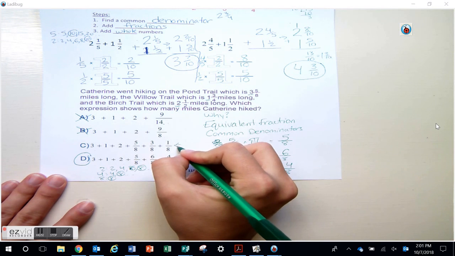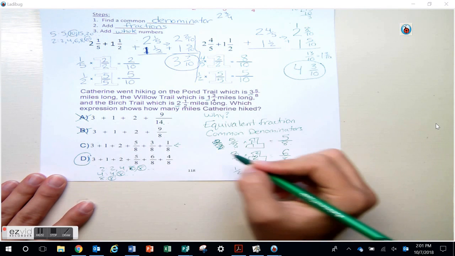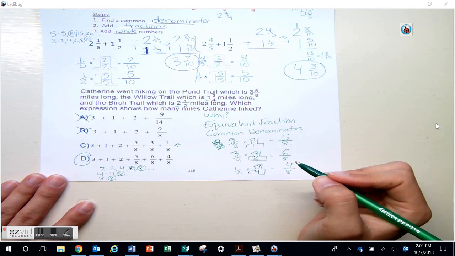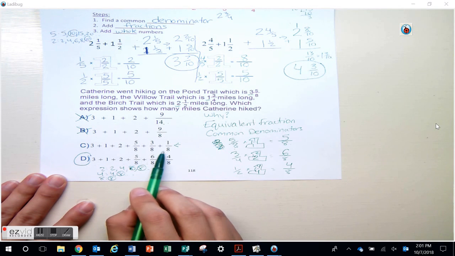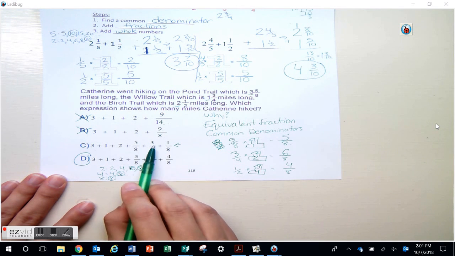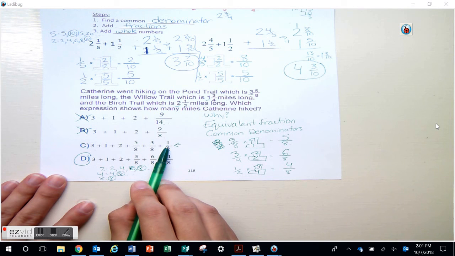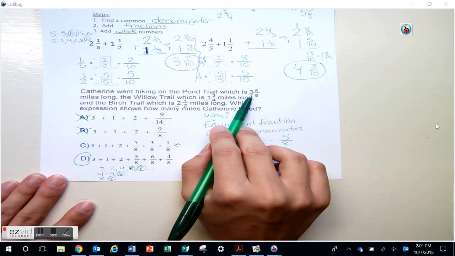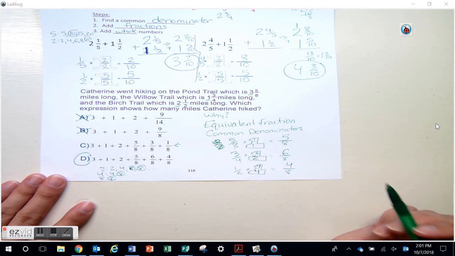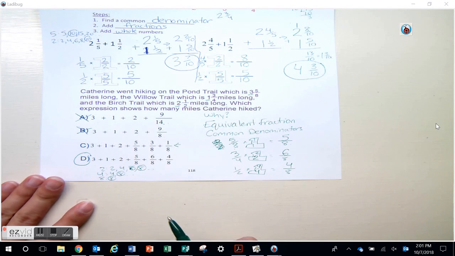What mistake did they make on C? Well, on C, they changed the denominator, but they did not change the numerators, which is a big problem, because these fractions don't have the same value as those fractions. So our correct answer here is D.